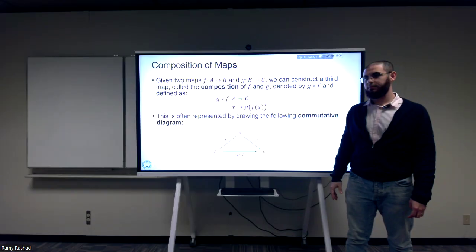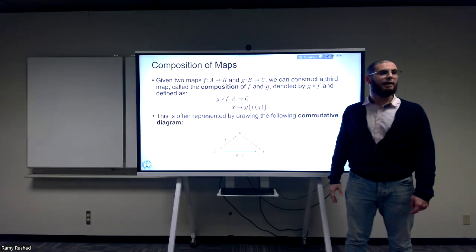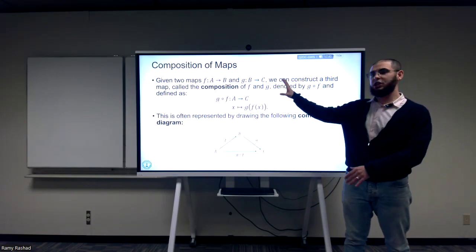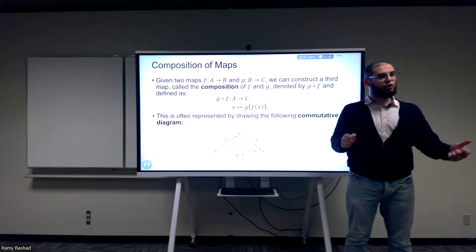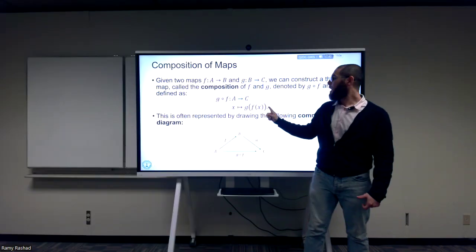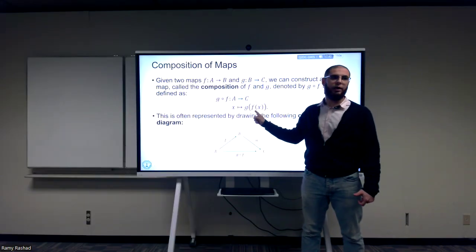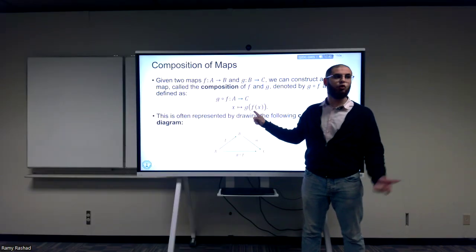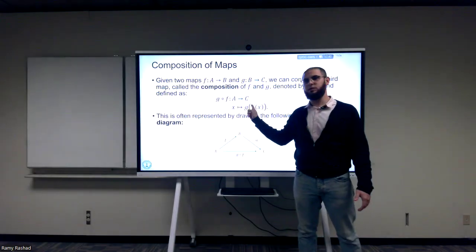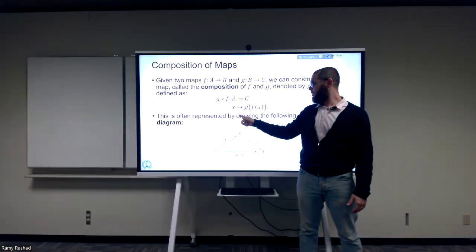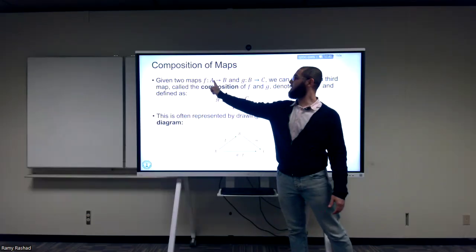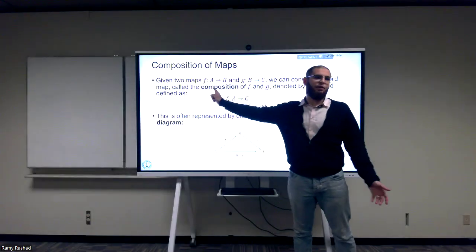Exactly, that's the condition, but in general, it's not defined. What you just said is not defined. This is well defined because I know that f of x goes to B, and so I have a map from A to C. But for F to eat g of x, first of all, can G eat an element x in A? It's not defined.